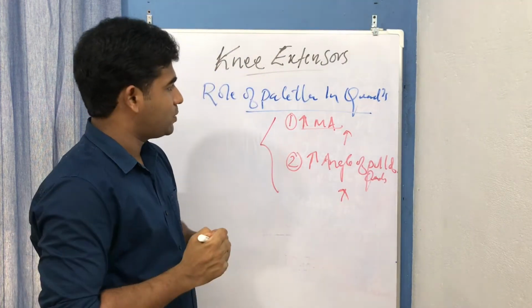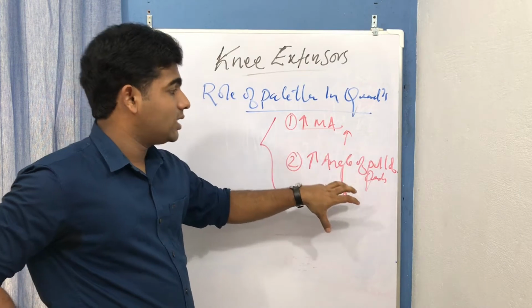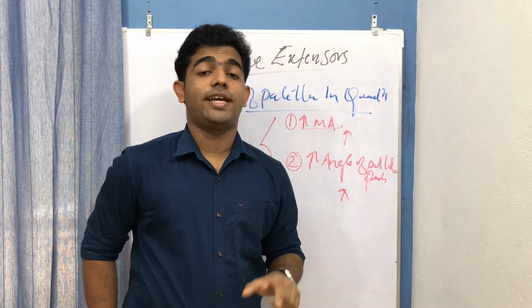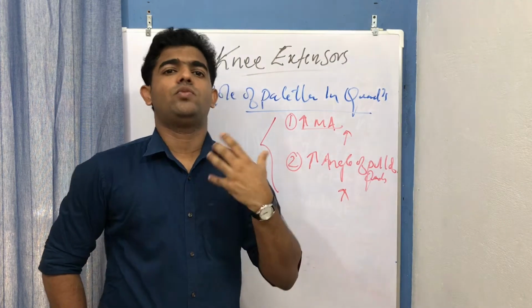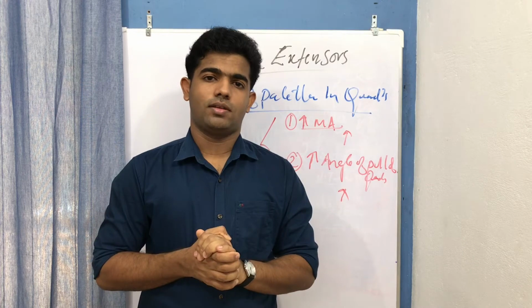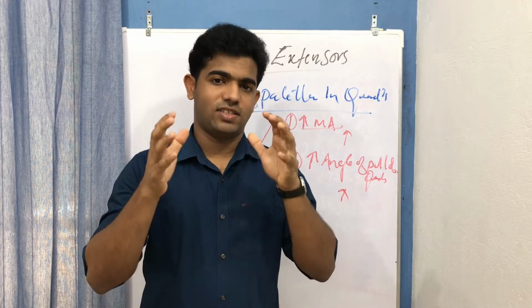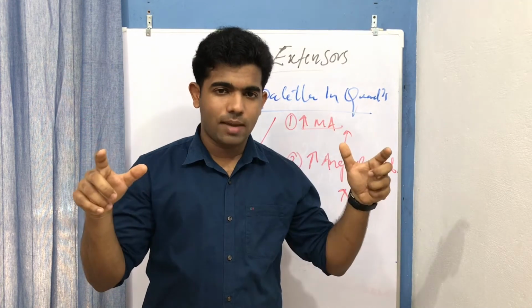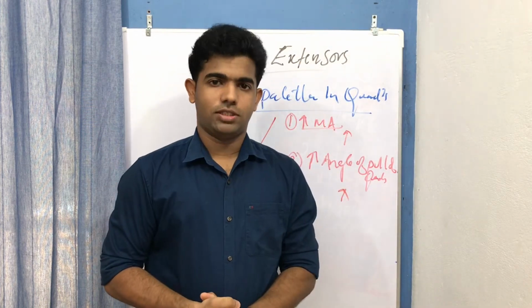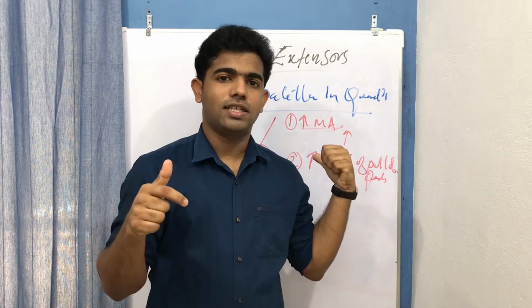So the moment and the angle of pull of the quadriceps muscle are increased very greatly by the patella. And that is why we say the patella acts like an anatomical pulley. Anatomical pulley in the sense that it increases the moment, deflects the muscle's line of action and makes it more efficient. Let us examine that in particular.